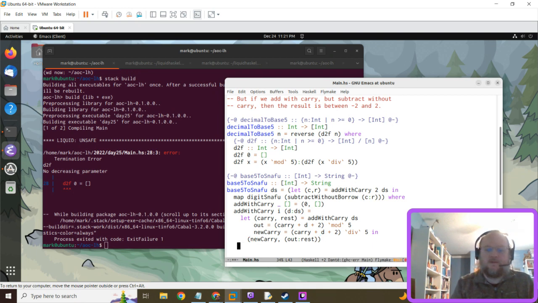Okay. Subtract without borrow is just mapping -2.